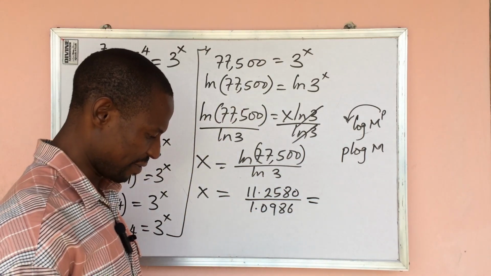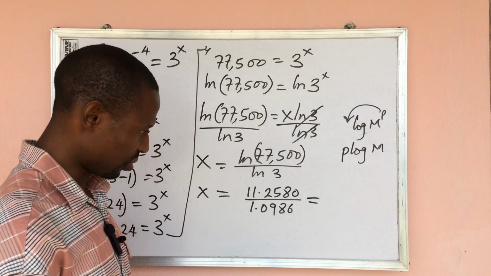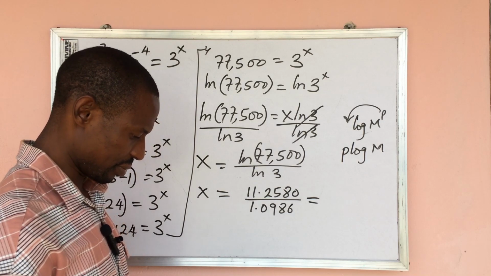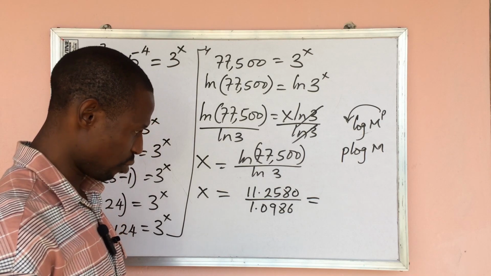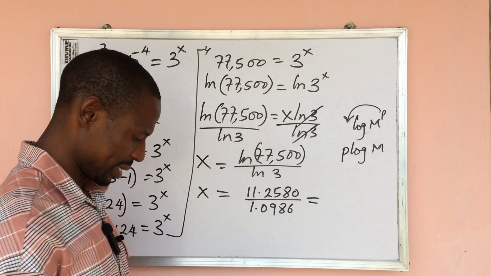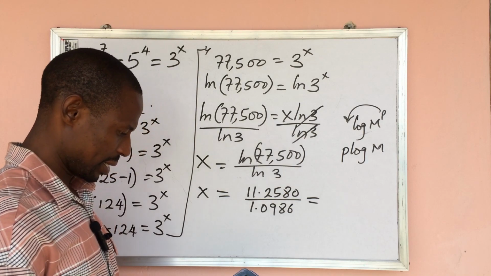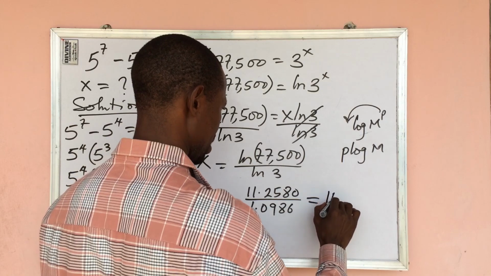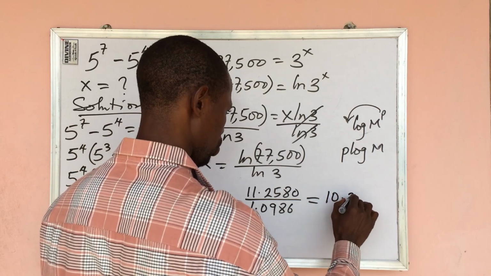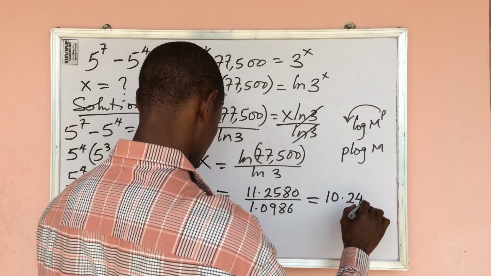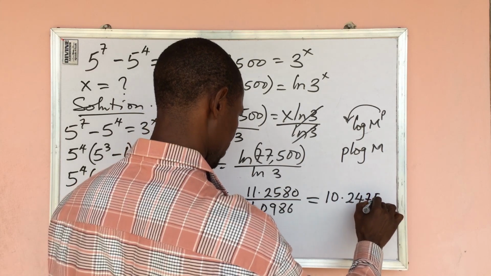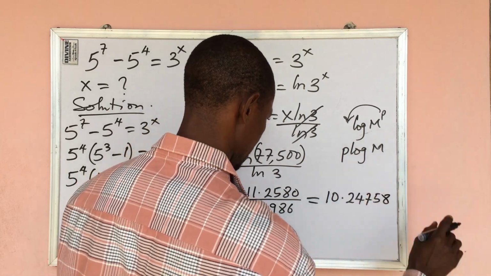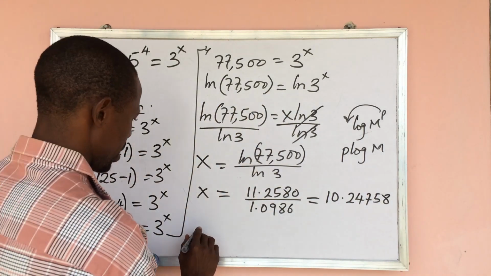Let's go ahead and divide this and see what this gives us. So we have 11.2580 divided by 1.0986. So we have this to be 10.24758 and so on.